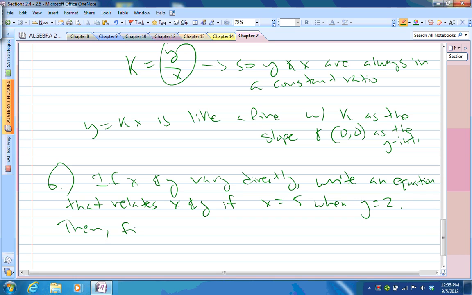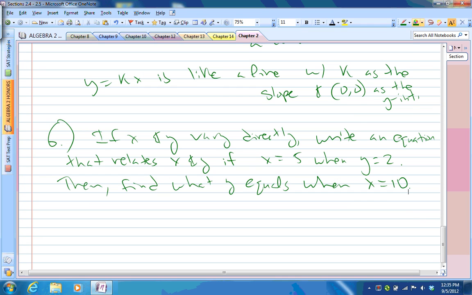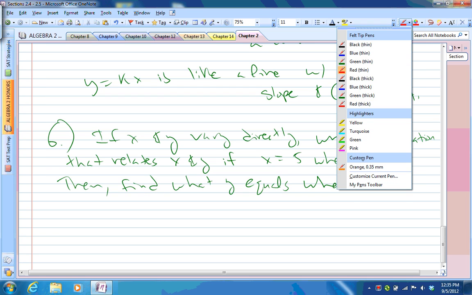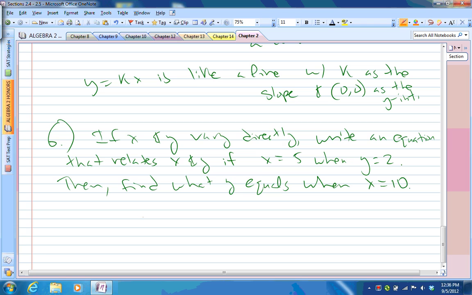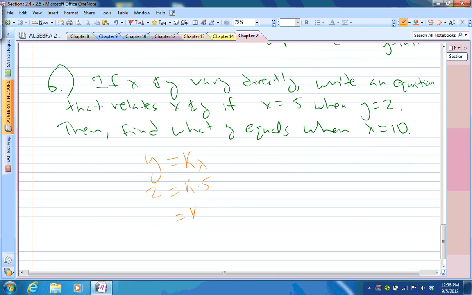Then find what y equals when x equals 10. So very easy. y equals kx. You want to plug in 2 for y and 5 for x. So k is going to equal 2/5. So your equation will then be y equals 2/5 x.